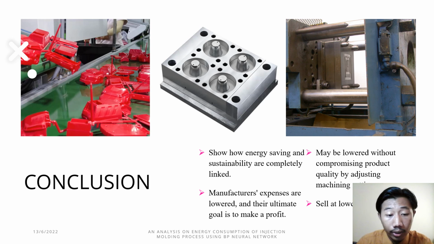As a consequence, the product will continue to sell at a low energy price, which will have a beneficial impact on all elements of sustainability such as environmental, economic, and social. So in the following chapter, the estimate model methodologies provided in this chapter will be proven, confirmed, and further validated.